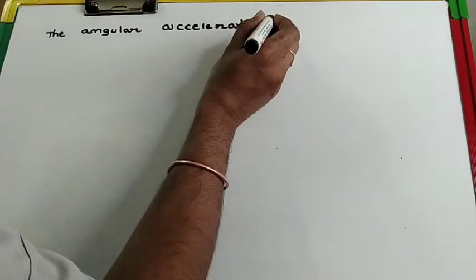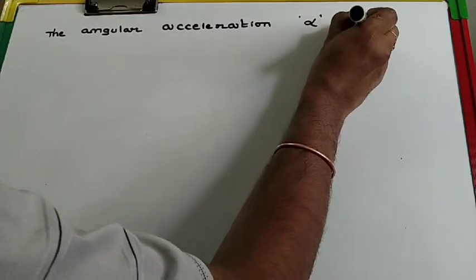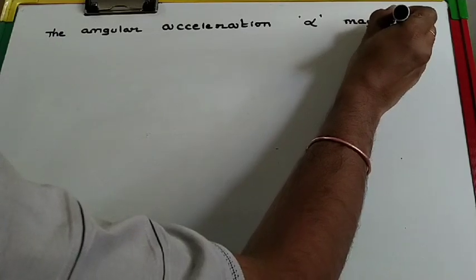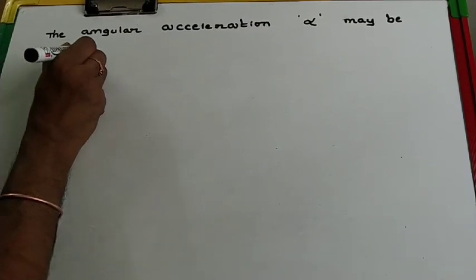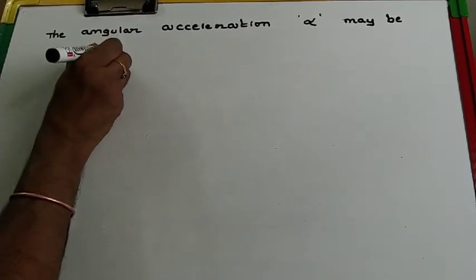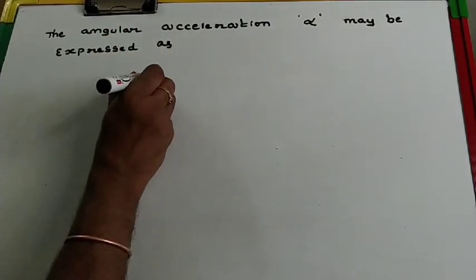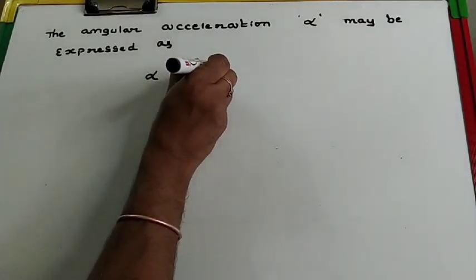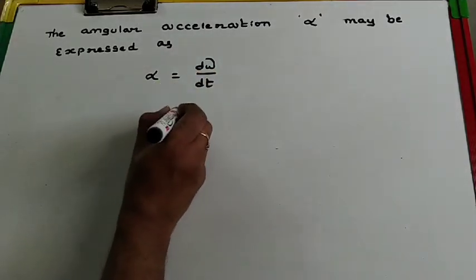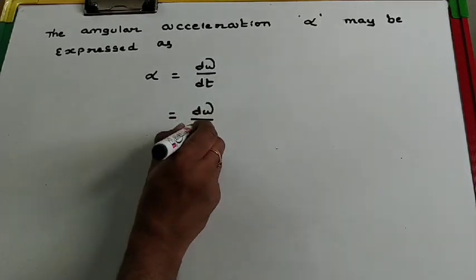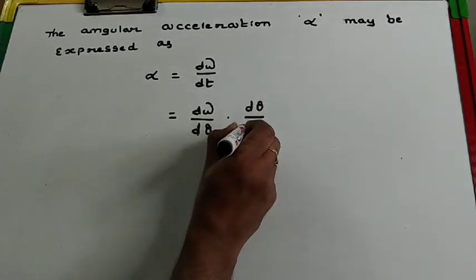The angular acceleration alpha may be expressed as alpha is equal to d omega by dt. May I write d omega by d theta into d theta by dt.